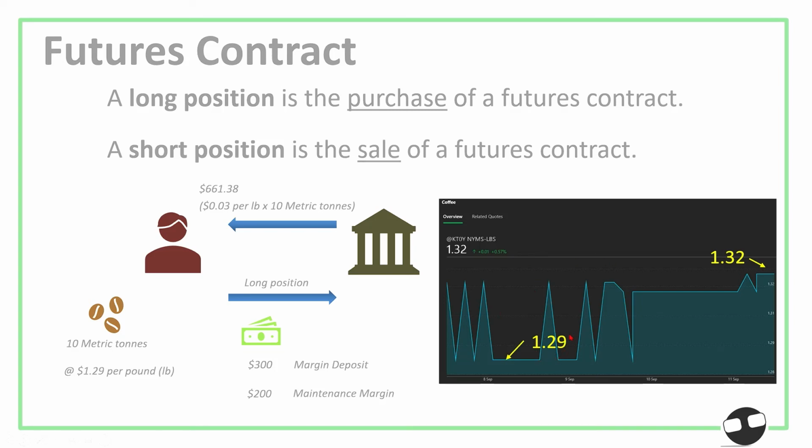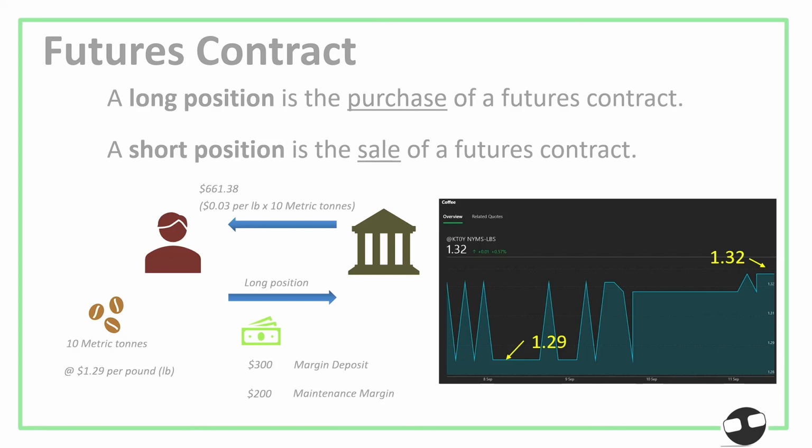1.29 per pound to 1.32 per pound. Now, in this case, from a long position, you actually gained 0.03 per pound. And if you multiply that by 10 metric tons, that's around 661.38 in gains.